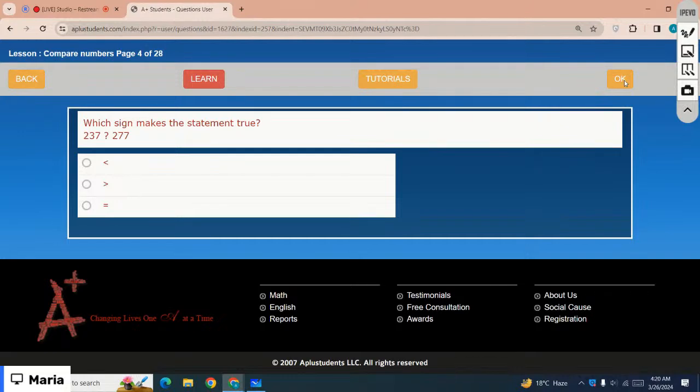Is 237 greater than 277 or less than? Yes, 237 is less than 277. The correct option is less, right?